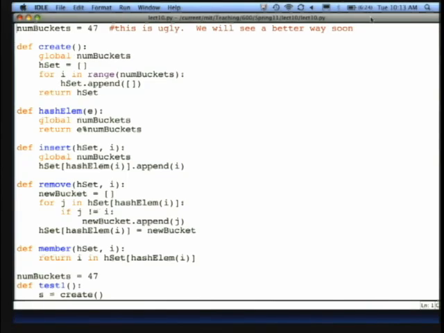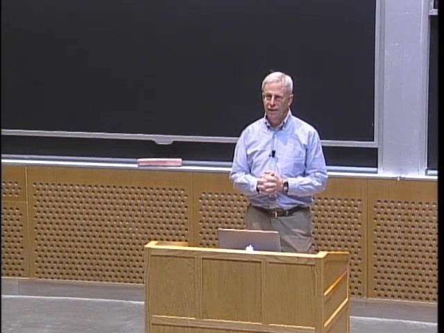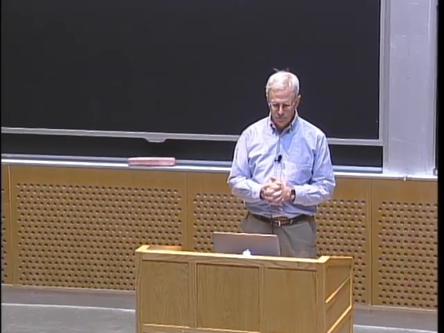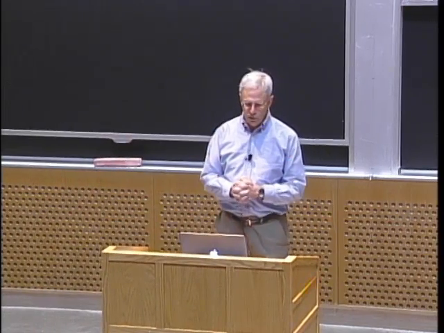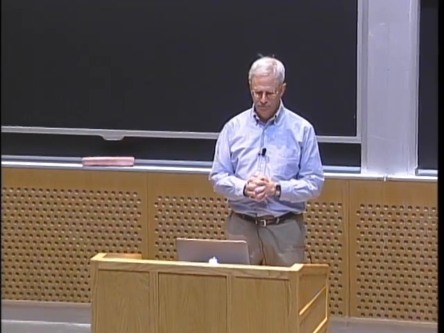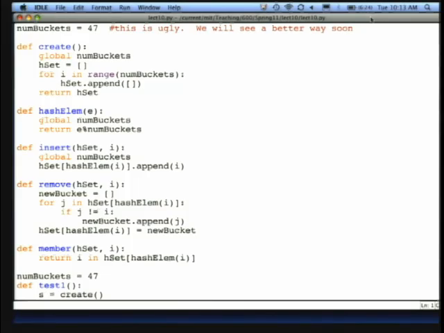When I want to insert an element in the set, I'll call the function insert, which will hash the element. It doesn't actually even need to use the global num buckets in this case, in fact. And then append it to the correct list.